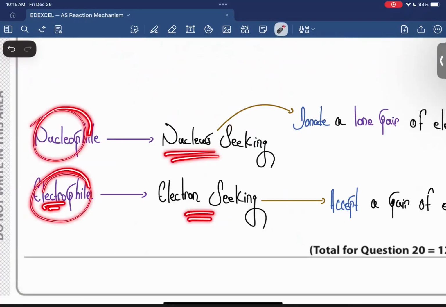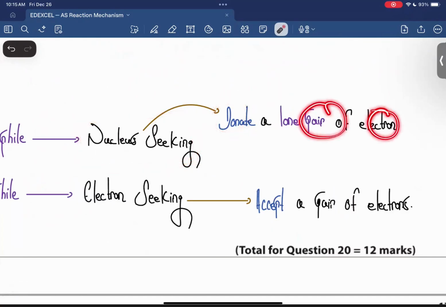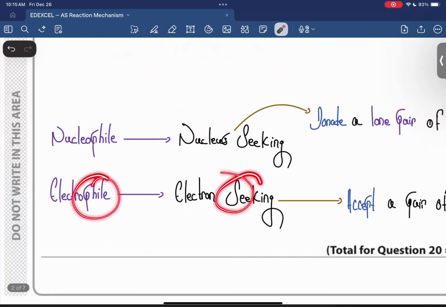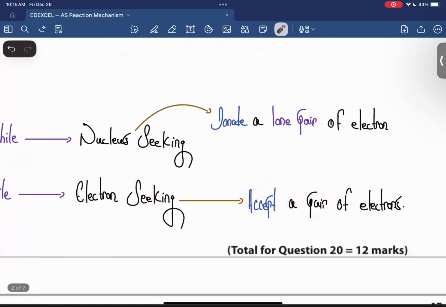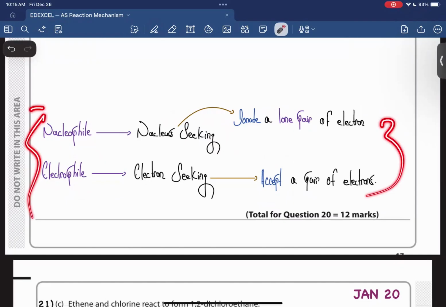Electrophile, electron seeking. This thing could donate a pair of electrons. On the other hand, this thing can accept a pair of electrons. We are going to look at this in depth later in the video, but these are the two terms that you should be aware of.